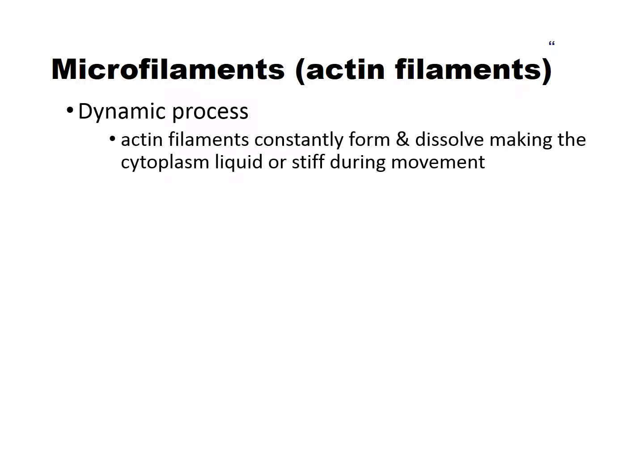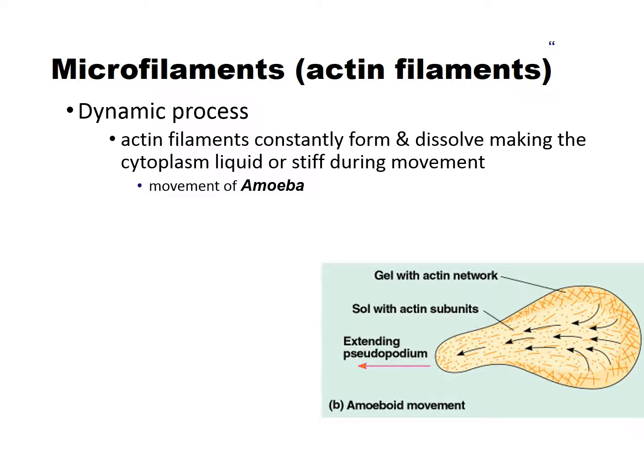They work by constantly forming and dissolving. So you can kind of give the cytoplasm a little bit more stiffness or make it a little bit more liquid. And so by changing where it's stiff, make it stiffer on one side and more liquidy on the other, and then also doing some contraction, you can start to move the cytoplasm.